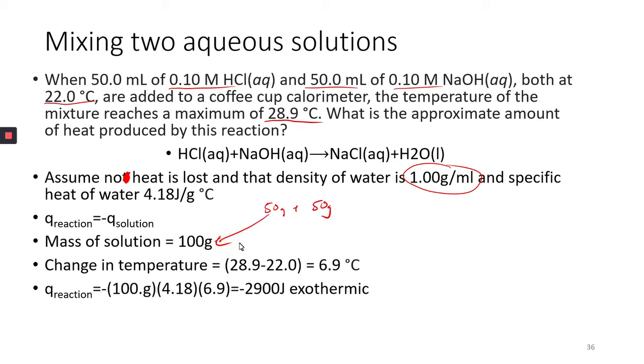Your change in temperature, it ended at 28.9, it started at 22, so it's 6.9. And now you're just going to use Q of the reaction is negative heat of the solution, so you need a negative in there. The mass, Cp, times the change in temperature, and you get negative 2,900 joules. So this is exothermic.